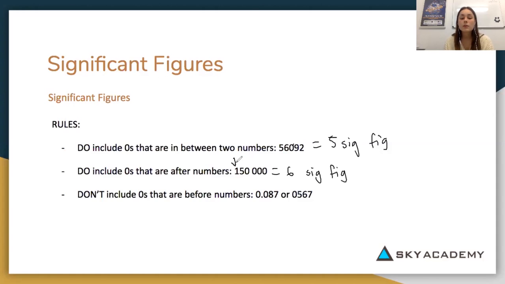But remember, we do have to round up. If the next digit is 5 or above, we round up. And because it is, we will round it up to 2, 0, 0, 0, 0, 0. So this number has 6 significant figures. And if we were to round it off to only 1 significant figure, that would be our answer, 200,000.